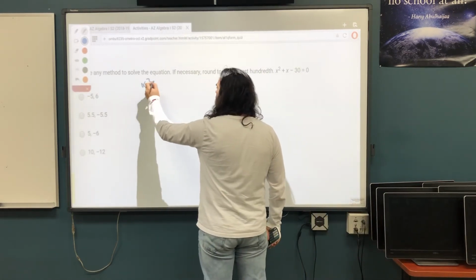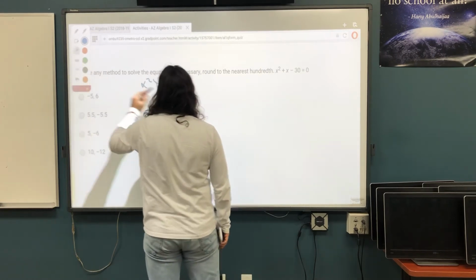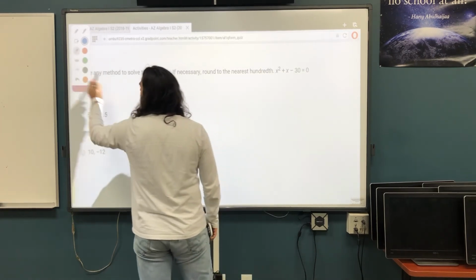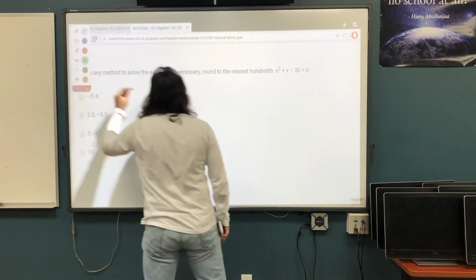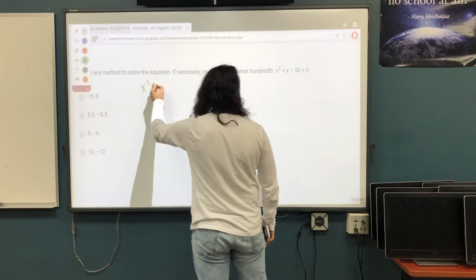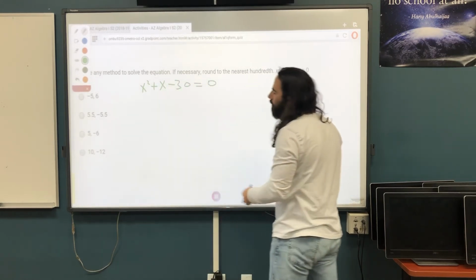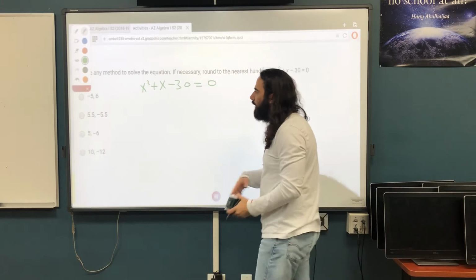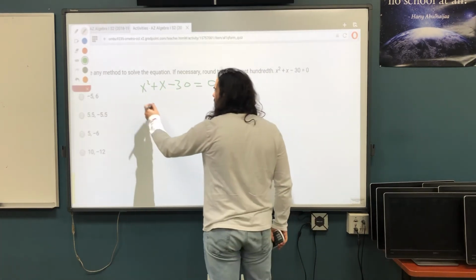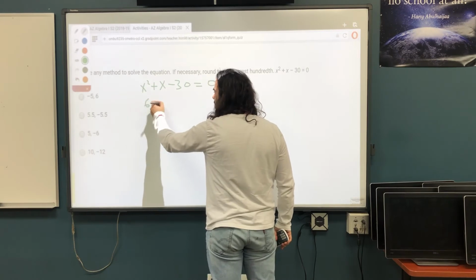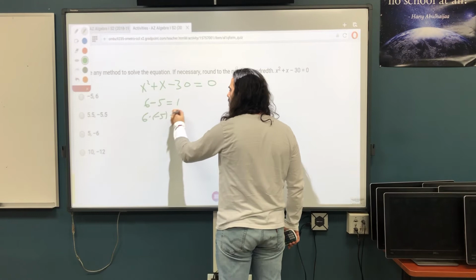So if we have x squared plus x minus 30 equals 0, remember, we need two numbers. If we add them, we get 1, but if we multiply them, we get negative 30, which is 6 and negative 5. So 6 minus 5 equals 1, and 6 times negative 5 equals negative 30.